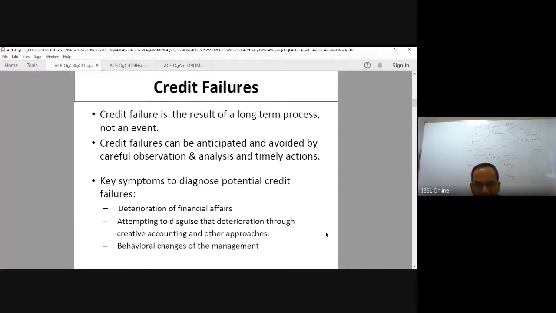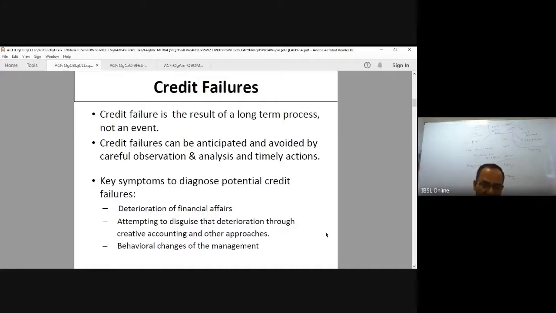So the credit failures in that case can be anticipated. We can see that. I mean, that's the art of a lending officer. A lending officer can look at a particular customer, how he behaves, how his account is behaving, how his stocks and kind of things are there, how he's faring in the market.